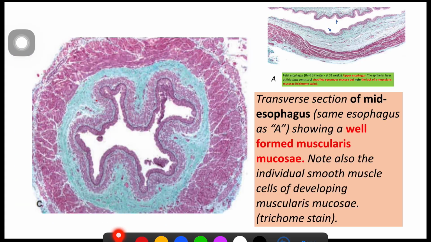This is again a transverse section from the mid esophagus. In the previous slide we saw the portion from the upper esophagus; here it is the mid esophagus. So what is the difference? Here you can see the mucosa and another layer of muscle called muscularis mucosae. Here there was an absence of muscularis mucosae, and here there is a presence of muscularis mucosae in the mid esophagus, and the outer one is the muscularis propria.